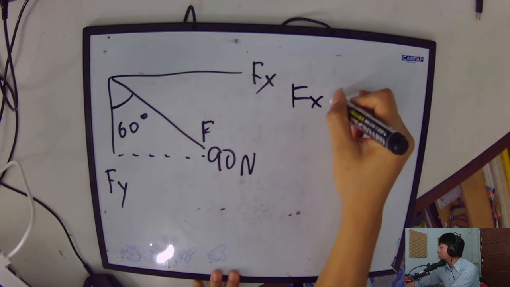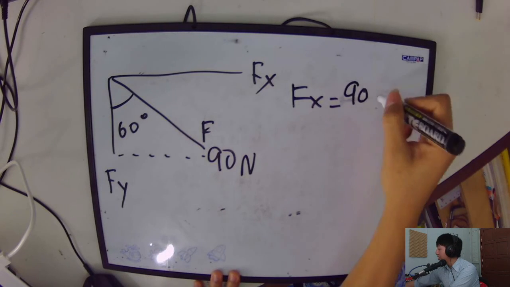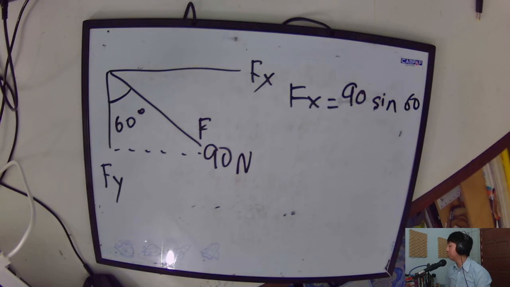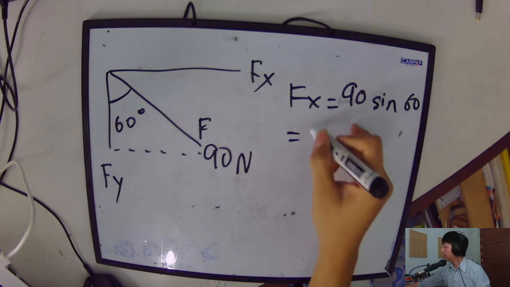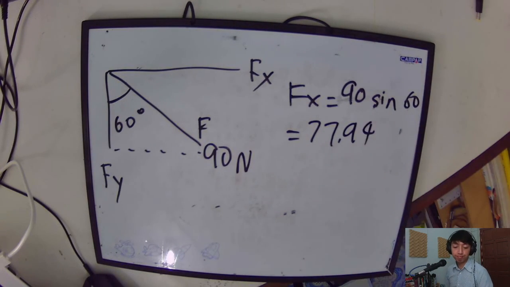So Fx equals 90 sin 60. If you use cos instead of sin, then automatically your answer will be wrong. All right, so 90 sin 60 is 77.94.